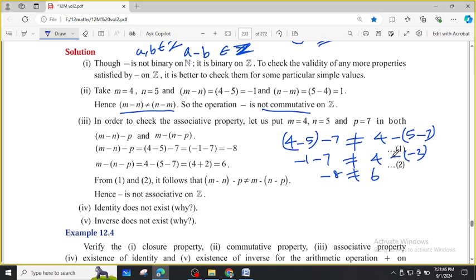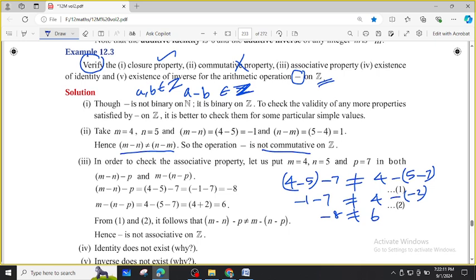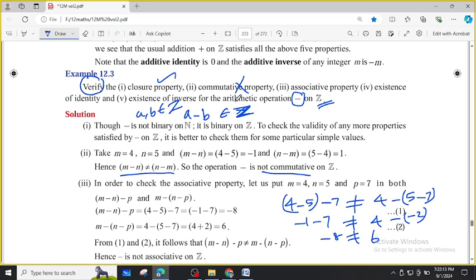Now identity. They asked about subtraction.